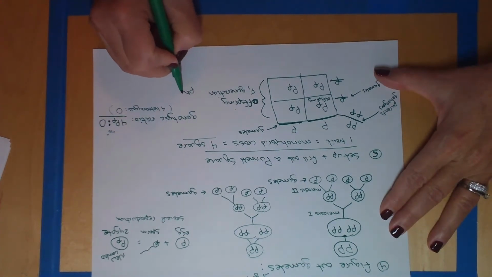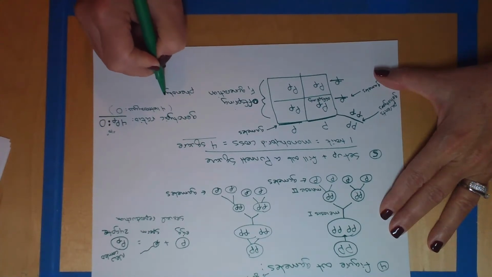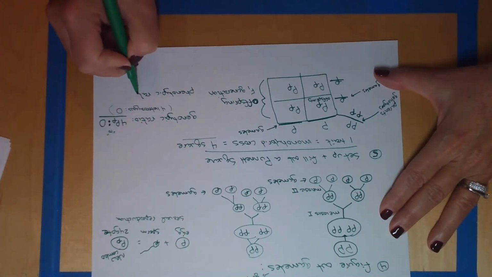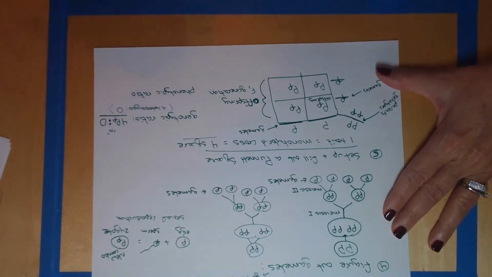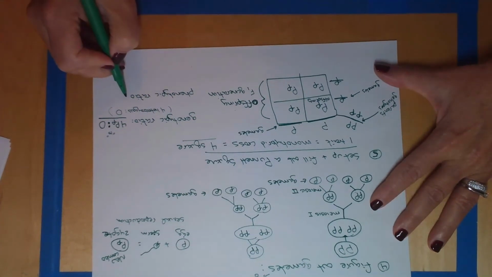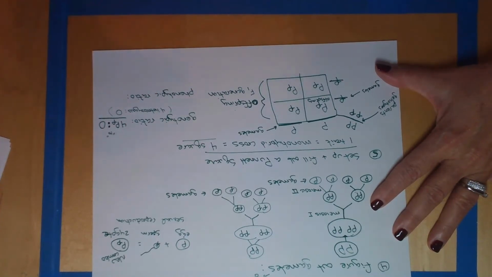Now the phenotypic ratio, remember the phenotype is the physical description of the offspring. So in this case, the question is, what color are the offspring?